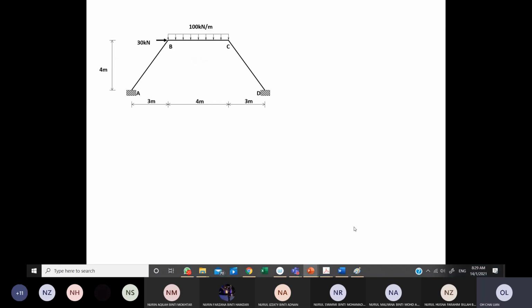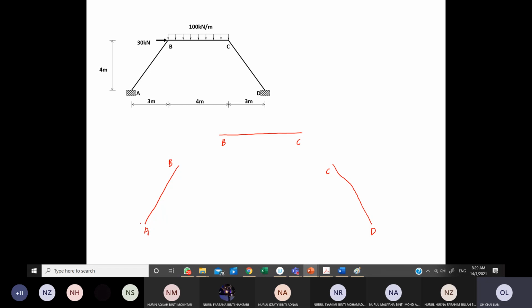So we are going to split all these members. There will be member AB, member BC, and member CD. Then put in all the fixed end reactions at all the ends.